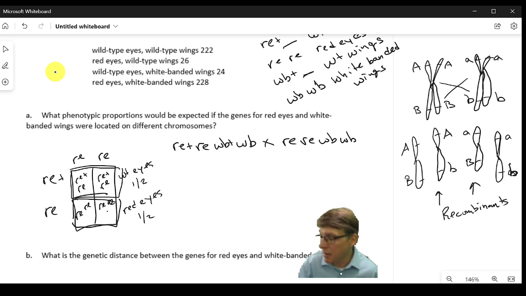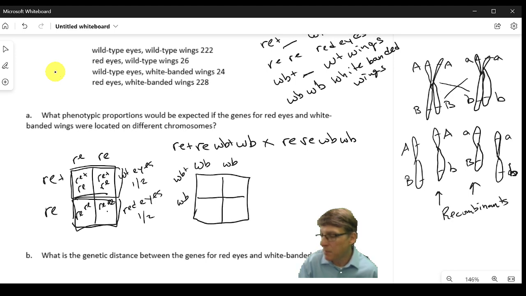We can do the same thing when we look at the WB. We can say WB, WB, WB plus, WB. And we get WB plus, WB, WB plus, WB, WB, WB, WB, WB.